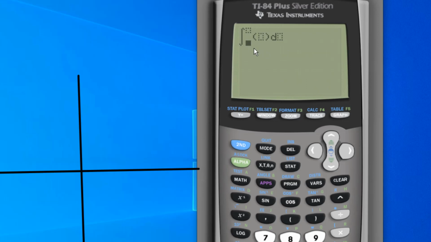So I'm going to start from 0 to 2, and then I need a function there that I want to integrate. I'm doing just the opposite of the derivative. So I want the antiderivative, or the integral, evaluated from 0 to 2. The function I'm going to use is going to be x to the second.